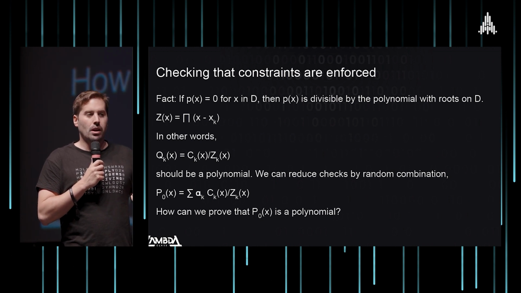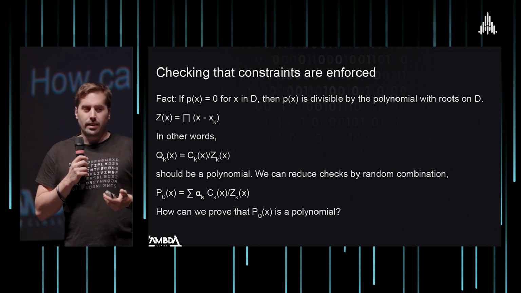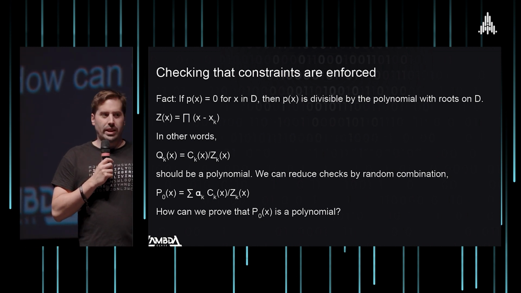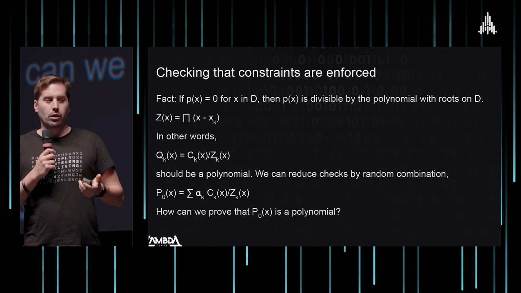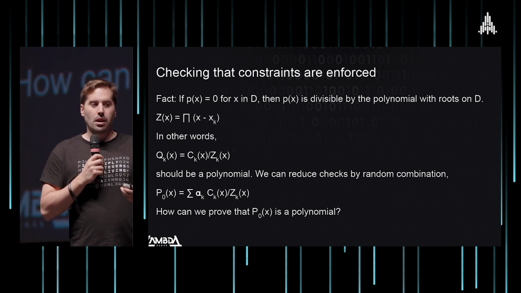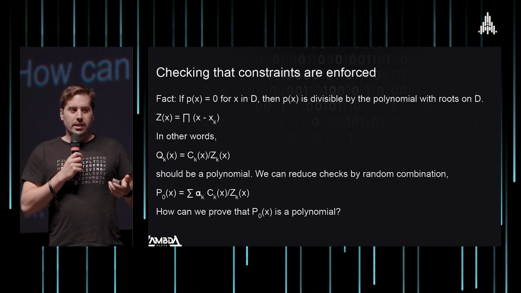Well, there is like some little trick because we have many constraints, and that's why we take a random linear combination and reduce this to a single check of what we call a composition polynomial. And how can we prove that this linear combination is a polynomial?